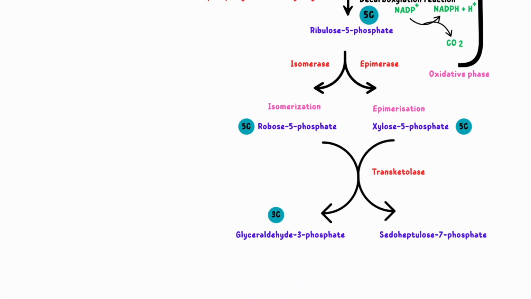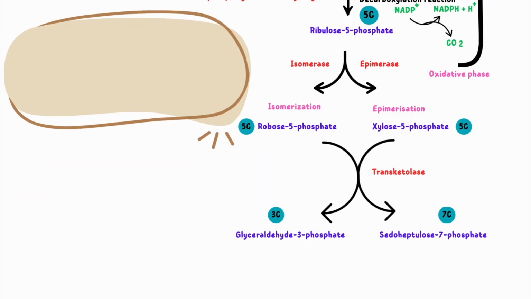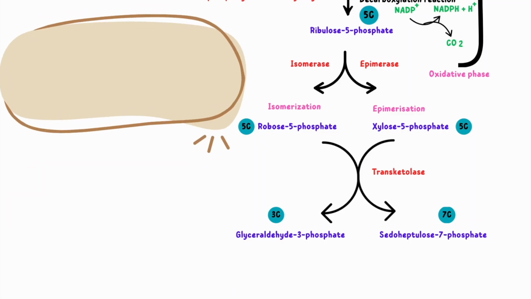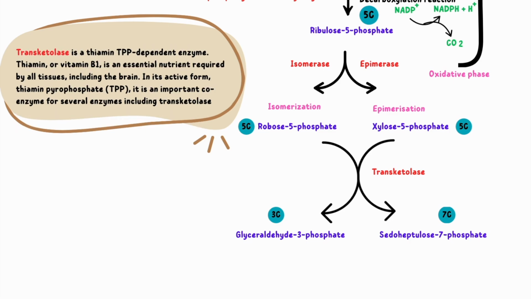This glyceraldehyde 3-phosphate is a 3-carbon compound and sedoheptulose 7-phosphate is a 7-carbon compound. The transketolase enzyme is a thiamine pyrophosphate dependent enzyme. Thiamine or vitamin B1 is an essential nutrient required by all the tissues including the brain. In its active form, thiamine pyrophosphate is an important coenzyme for several enzymes including transketolase.